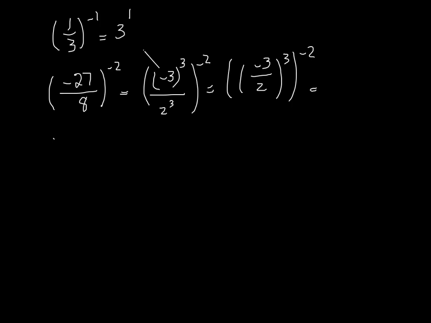Now we can multiply exponents. I get negative 3 over 2 exponent, negative 3 times negative 2 gives me negative 6. A over b exponent negative c is b over a exponent c, so this can be written as 2 over negative 3, exponent 6, which we can leave like this, or you can simplify and see what exactly is 2 exponent 6 or negative 3 exponent 6.